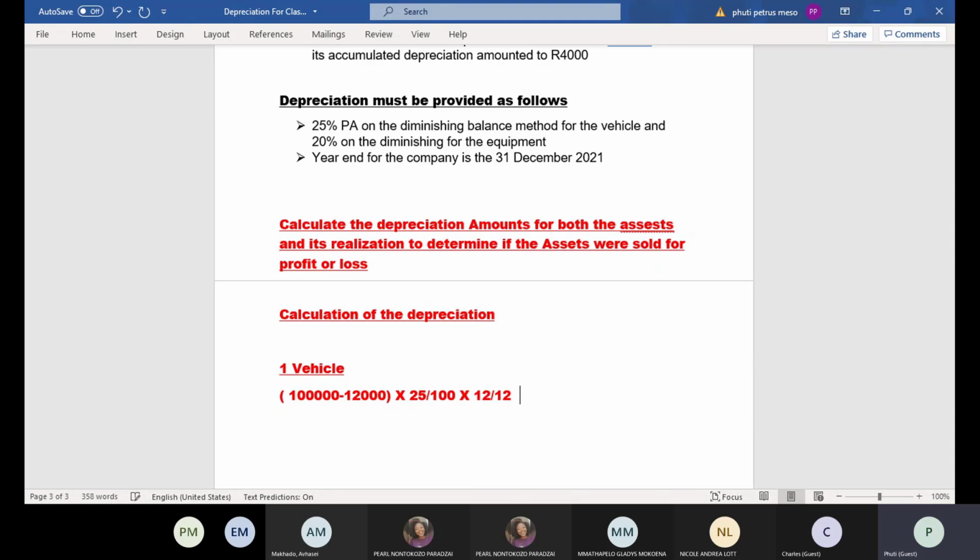So your answer is 100,000 minus 12,000, which is 88,000, and then you multiply this by 25 and divide it by 100, meaning your depreciation should amount to 22,000 rand. That's your first part of the depreciation.